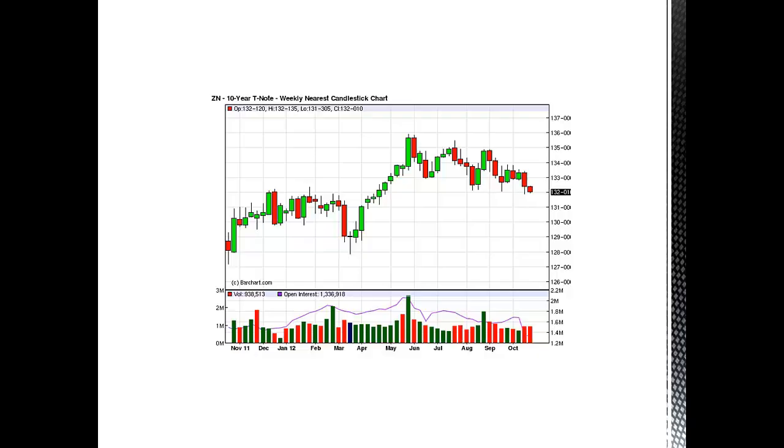So as the March low was formed and we rallied up into the May, June time period, that was going to be mirrored in the yield dropping. If the T-note is rallying up, the yield itself is going to be declining. So that's going to be bearish.